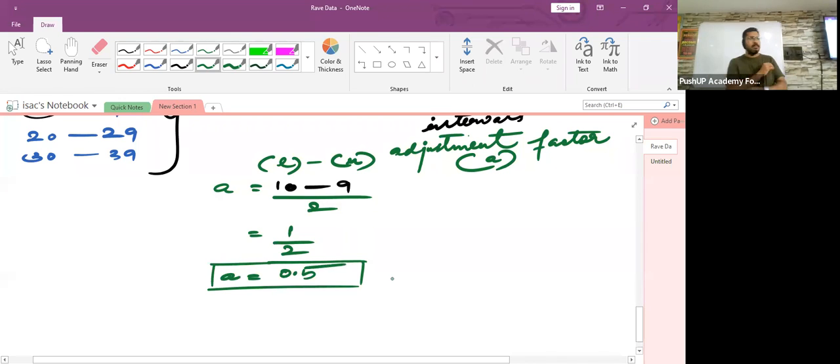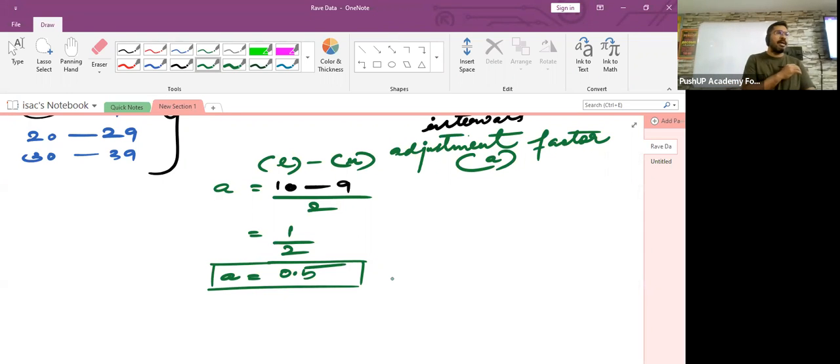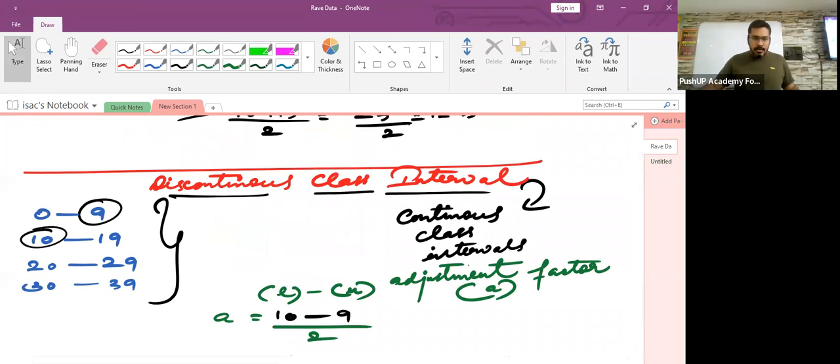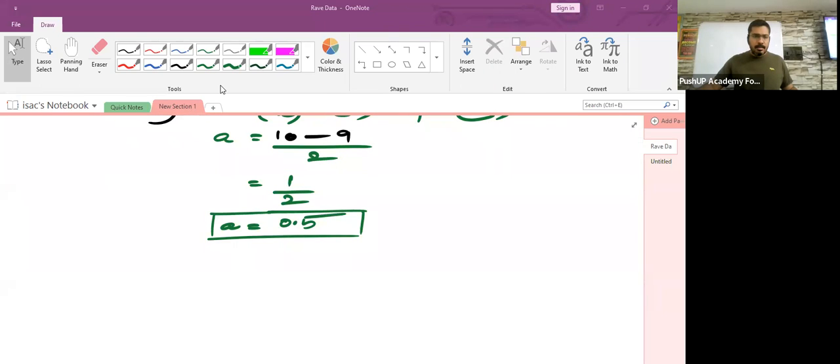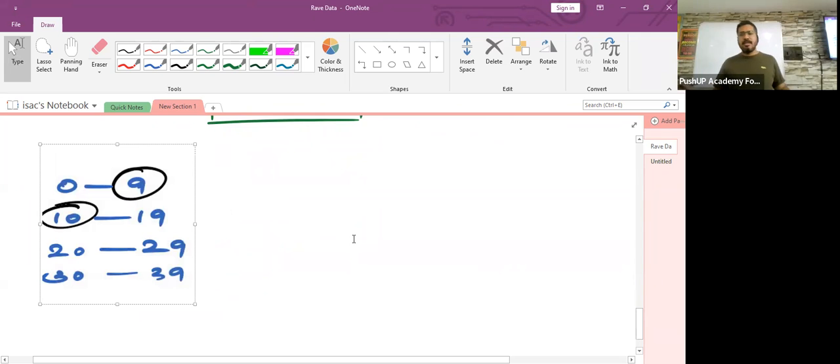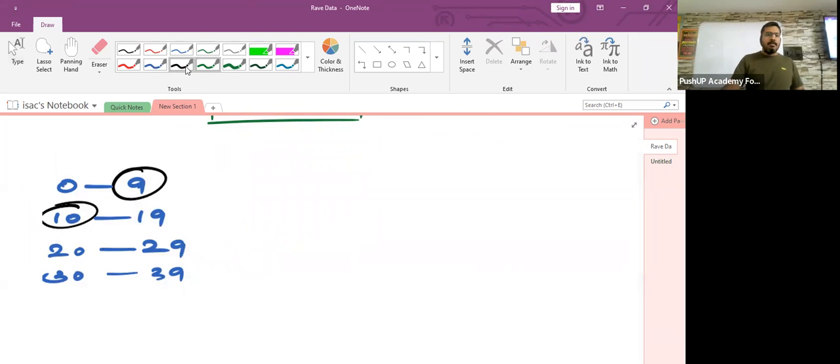Everyone, note it down. Noted it? Adjustment factor is equal to 0.5. I hope you all noted it. Lower limit minus the upper limit divided by 2. So I am going to take this class interval. The class interval is this: 0 to 9, 10 to 19, and so on. Now my job here is to convert this discontinuous class interval into continuous class interval.